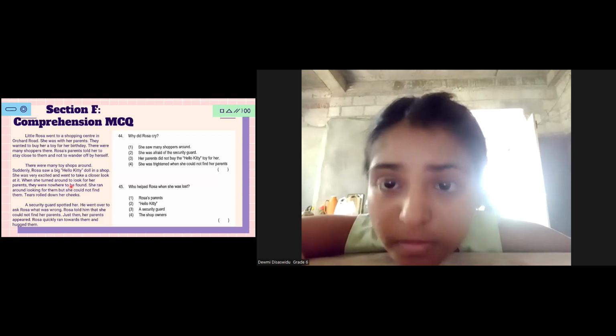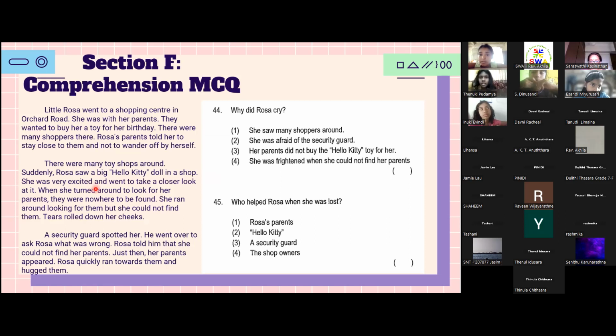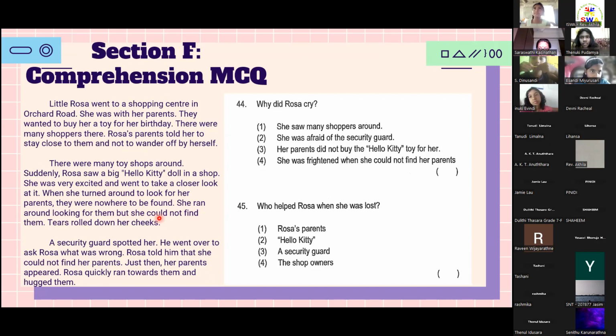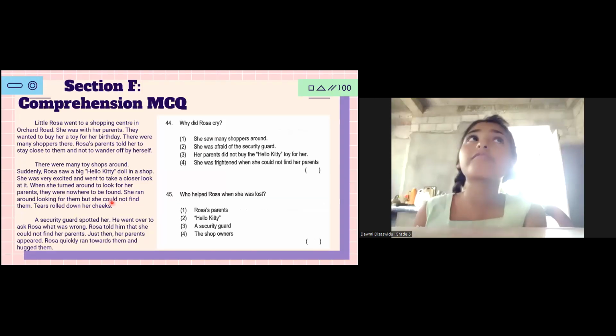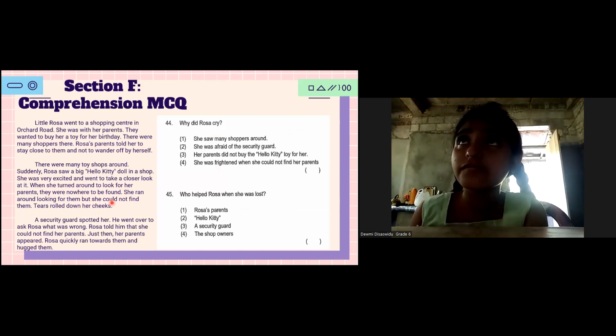All right. Okay, now can you explain to me in your own words, what is that paragraph about? What is that passage about? This passage is about Rosa saw a big Hello Kitty doll and went closer to it, and after that, when she looked for the parents, they were not there.